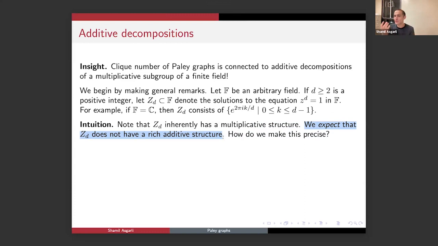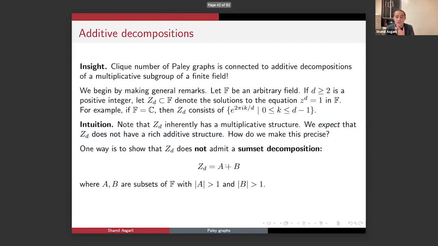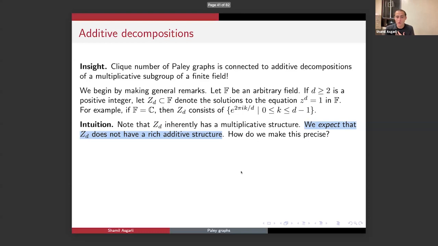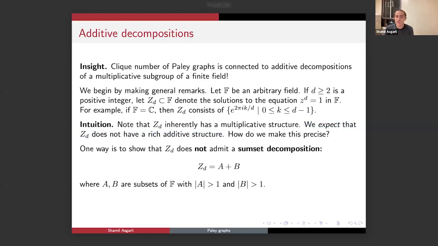So additive structure, what does that mean? Let's make it precise. Additive structure means that it can be realized as a sumset of 2 subsets. So one way to show that Z_d does not have rich additive structure is to show that you cannot express Z_d as a sum of 2 sets, A and B, of course with the condition that A and B are non-trivial, so they are not singleton sets.